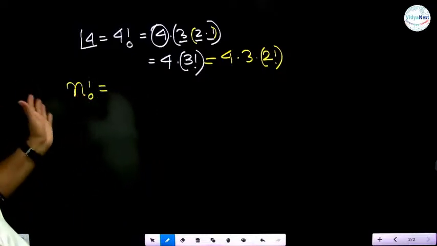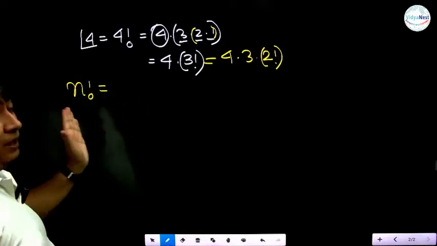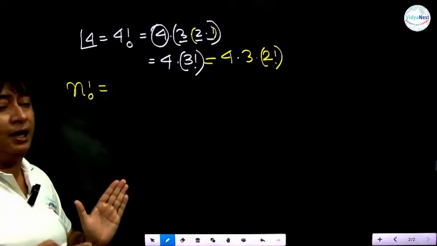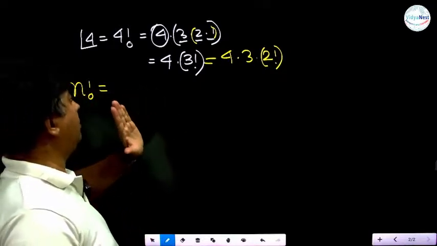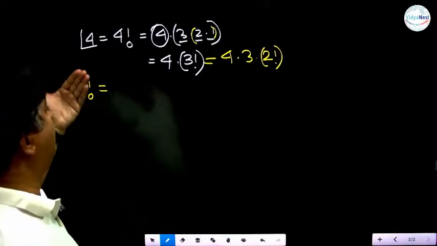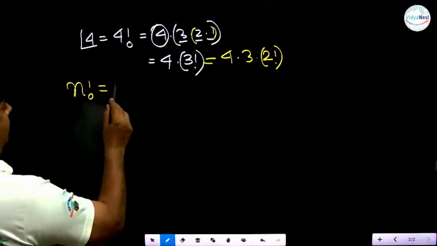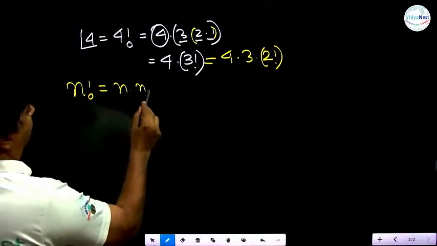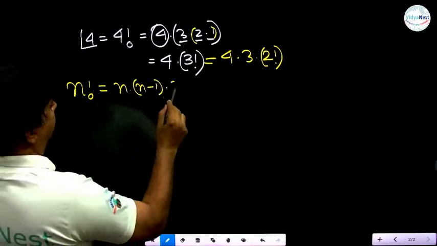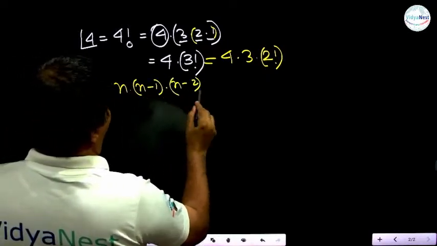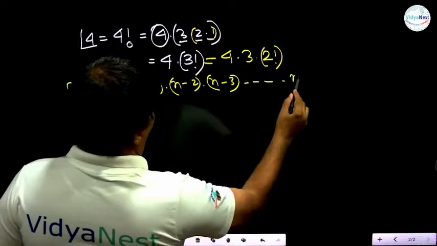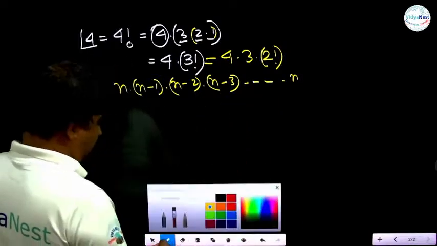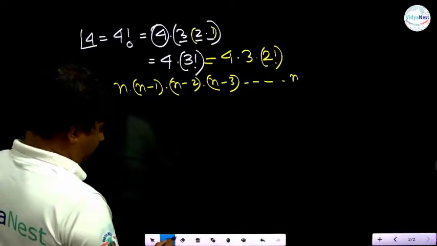Factorial n means n and its preceding consecutive natural numbers will be considered as the factors of n: n, n minus 1, n minus 2, n minus 3. In this way, once it meets, where will it terminate?